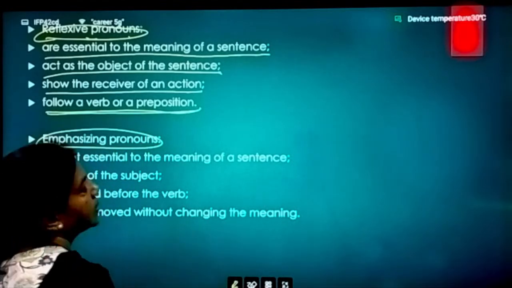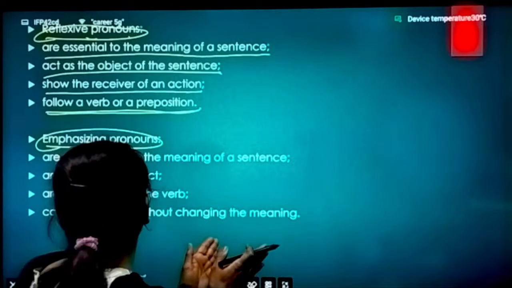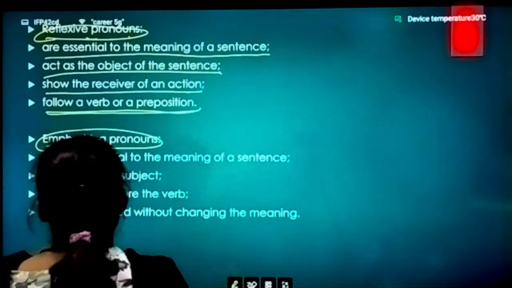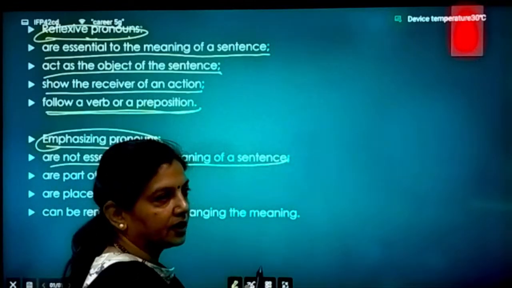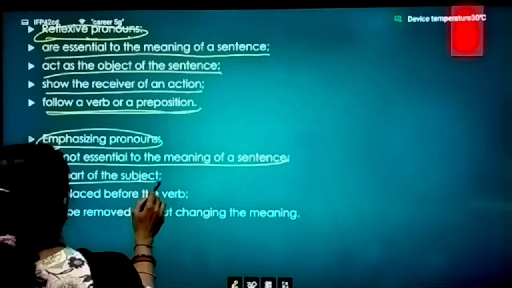Emphasizing pronoun. As the word says, it is emphasizing, it is insisting, it is putting more pressure on the pronoun. They are not essential to the meaning of the sentence. They need not be an essential part of the sentence. They are part of the subject.